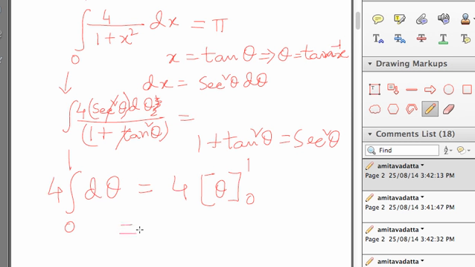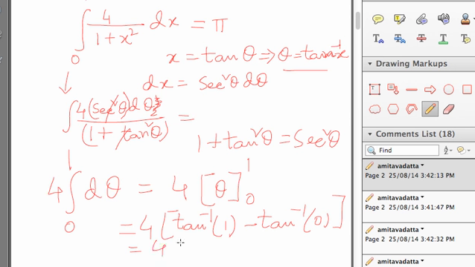Now we know from here that theta equals tan inverse x, so I'll write that: tan inverse 1 minus tan inverse 0. This is the way definite integrals are usually evaluated, and tan inverse 1 is nothing but pi by 4 because tan pi by 4 is 1, and tan inverse 0 is nothing but 0.